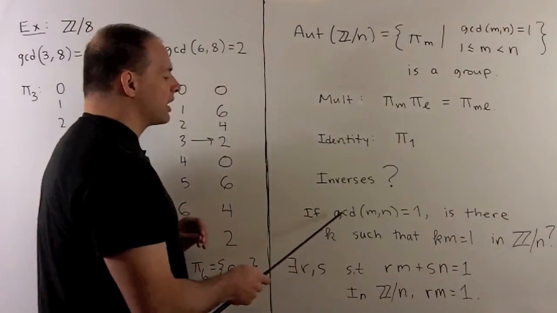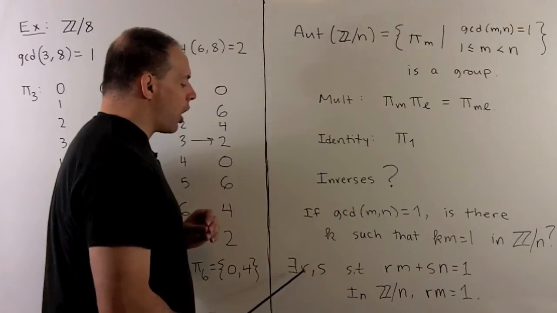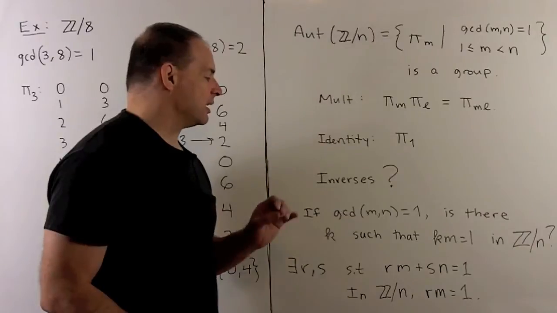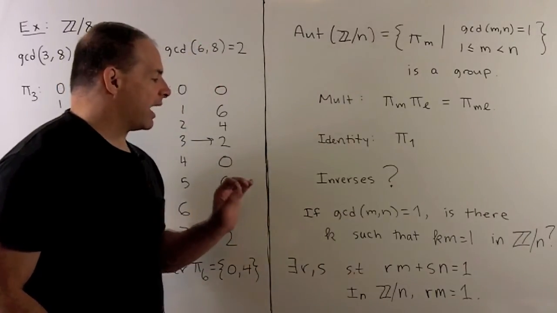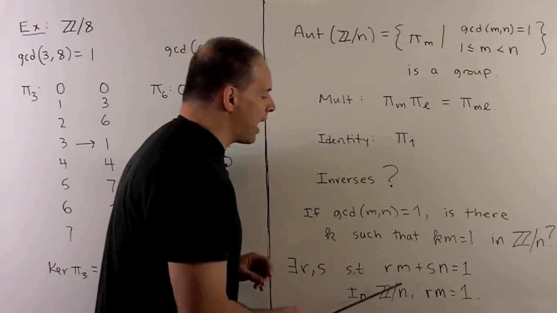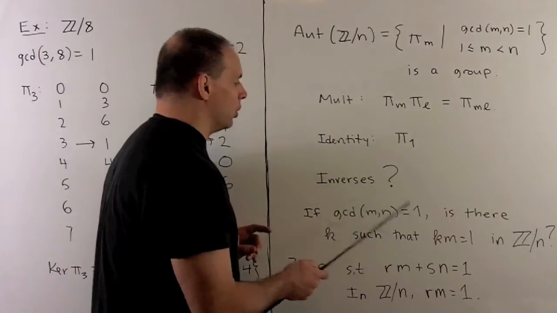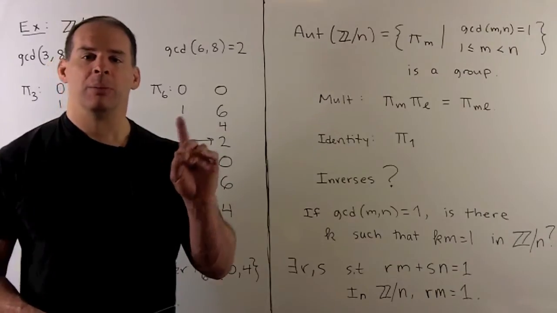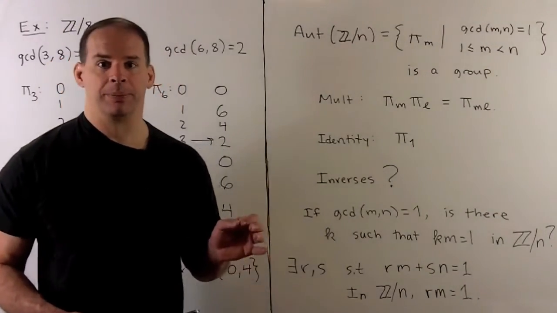So if we have greatest common divisor of m and n equal to 1, we can find two other integers, r and s, such that r times m plus s times n is equal to 1. Then, if we go to Z mod n, okay, s times n is going to go to 0, so I would have r times m equal to 1, and that r is equal to the k that we're looking for. So the answer is yes, we can find an inverse, but we actually have to go and find it. It's not a cookbook recipe.